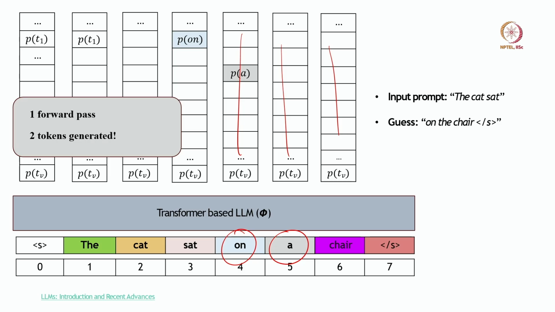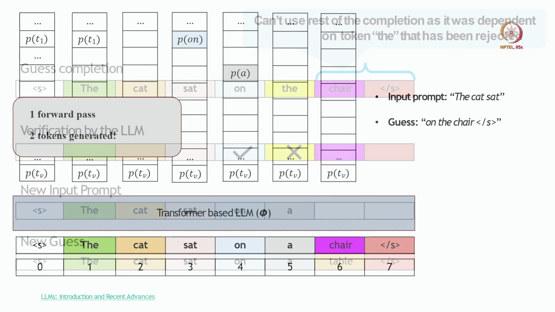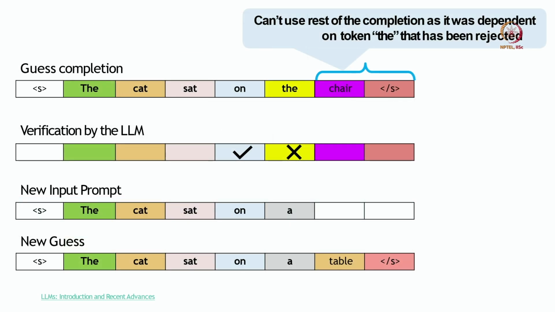We had a guess, and with the LLM we could verify the guess in one forward pass. We did not need two forward passes. Why? Because we had the whole sequence ready, so we can just do masked multi-headed attention to generate or verify the next tokens. So in one forward pass we generated two tokens. That is the beauty of this technique.